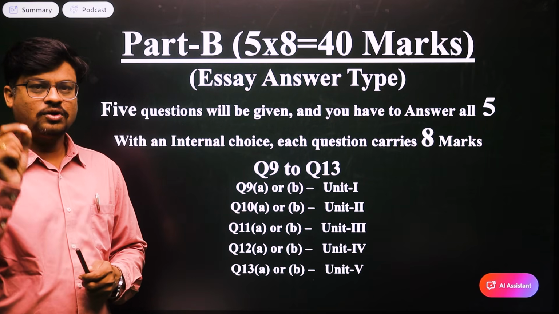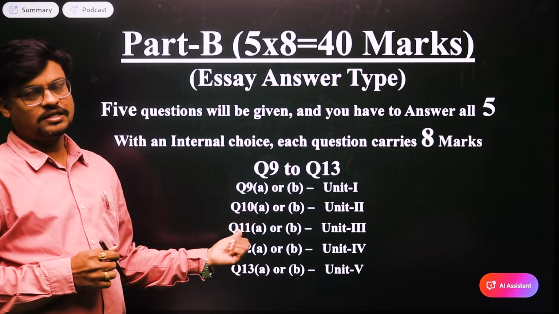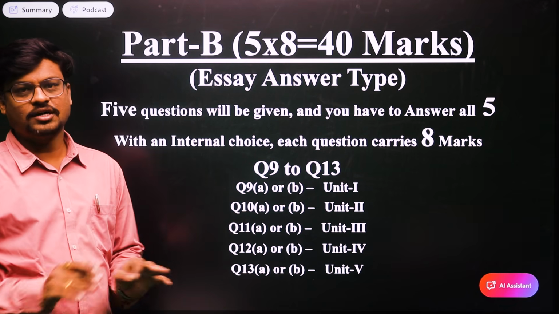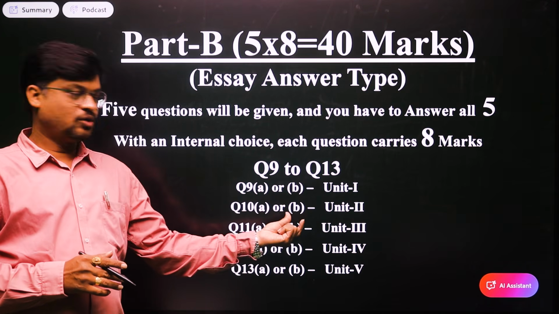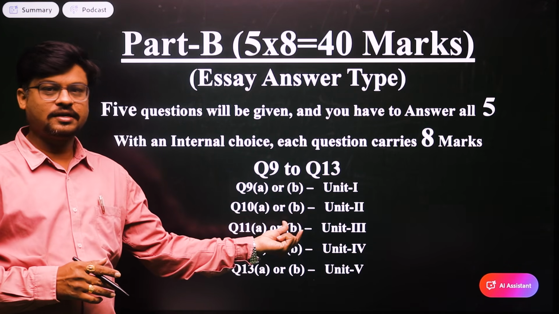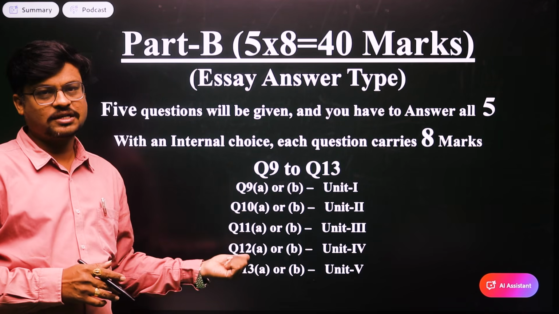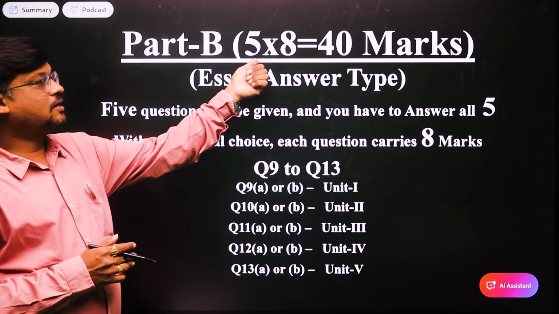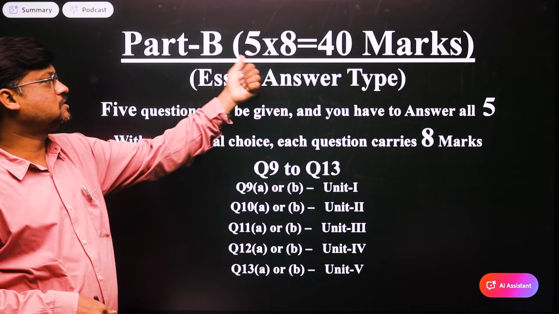Please do not make the mistake of attempting 2 questions from the same number. Either write 10A or 10B, don't write 10A and 10B at a time. If you do something like this, the best one will be selected, the other one will be treated as an extra answer. The total marks for this part B is 40 marks.